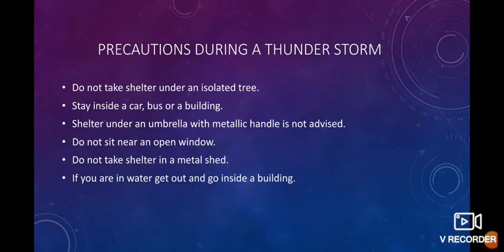That is why please do not take shelter under an isolated tree. This is the reason why very tall buildings have a lightning conductor put on top, so that even if the lightning strikes the building, it will get safely discharged into the ground without damaging the building.